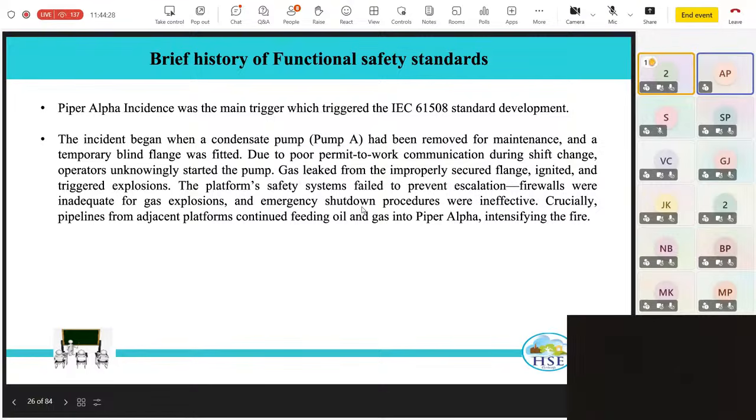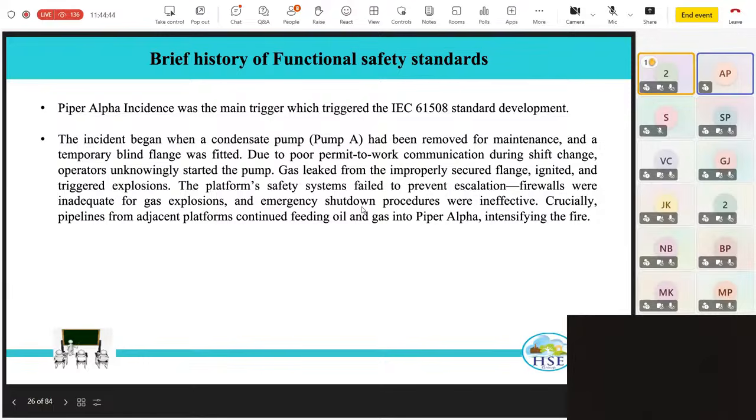But in those days, we are talking of 1988. Try to take yourself into that 1988 time frame. So what used to happen? The work permit system in the control room was not very well organized.